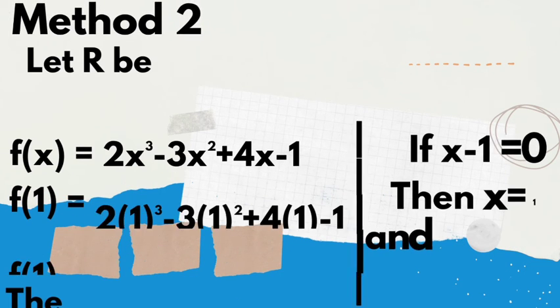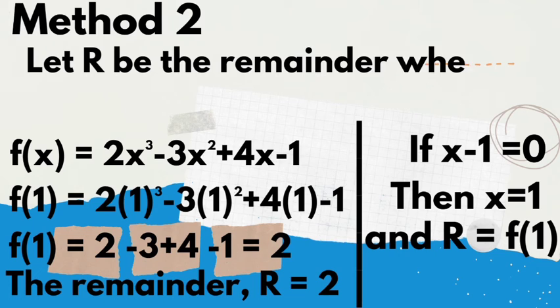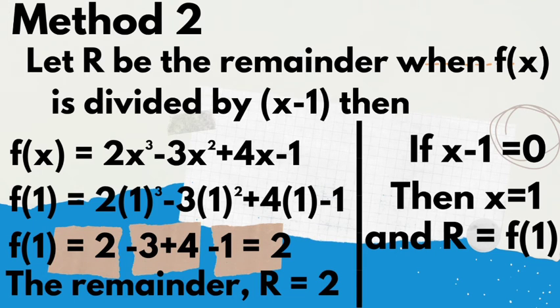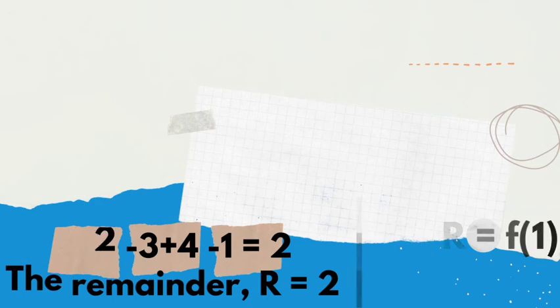And to get f of 1 is going to be substitution of 1 into anywhere we see x in f of x. And that is 2 into 1 all raised to 3 minus 3 into 1 raised to 2 plus 4 into 1 minus 1. And f of 1 will now be 2 minus 3 plus 4 minus 1. Therefore, the remainder is 2.